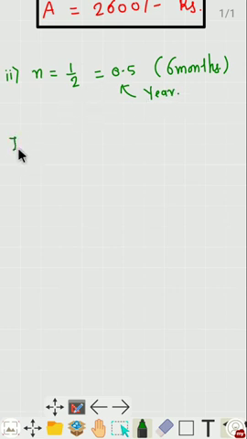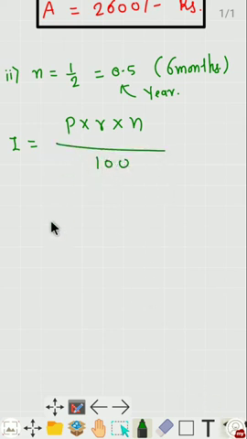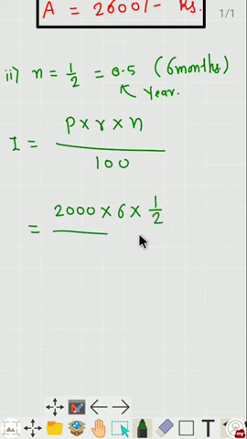So interest is equal to P into R into N, whole divided by 100, and it is equal to 2000 into 6 into 1/2, whole divided by again 100.